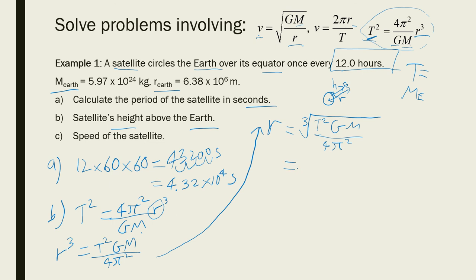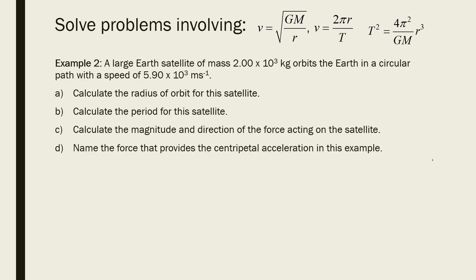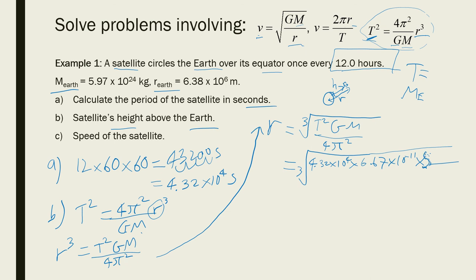So if we substitute in our numbers, period has to be in seconds. So it'll be 4.32 times 10 to the 4, times the universal constant, which is 6.67 times 10 to the negative 11, times the mass of the Earth, which is 5.97 times 10 to the 24, and we're going to divide that by 4 pi squared.